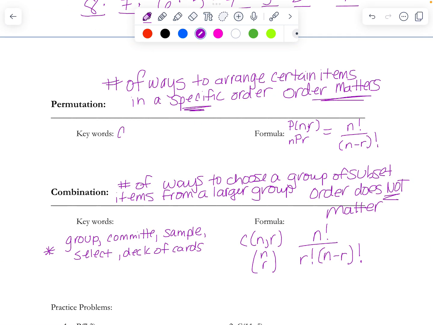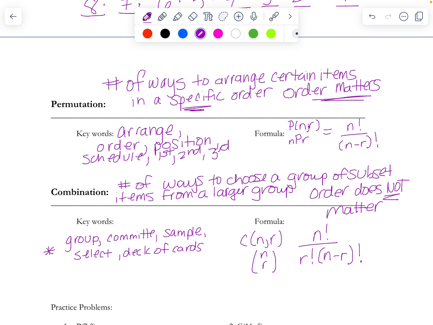And some keywords are arrange, order, position, schedule. If I say first place, second place, third place.